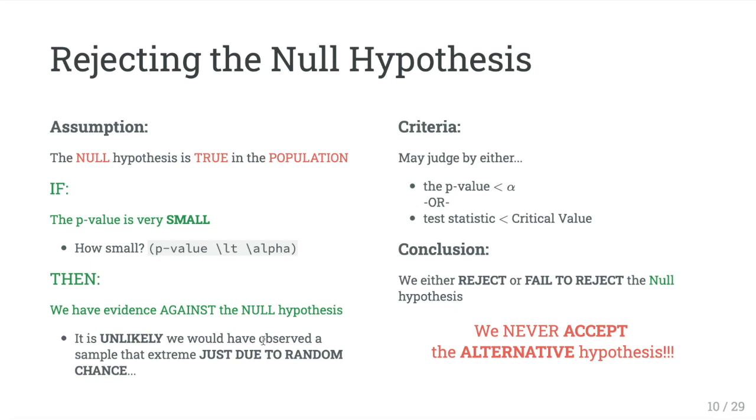We never accept the alternative hypothesis. There's a lot of reasons for that, but we don't have enough evidence to say the alternative hypothesis is true. What we're doing is we have evidence to say we are rejecting the null or fail to reject.